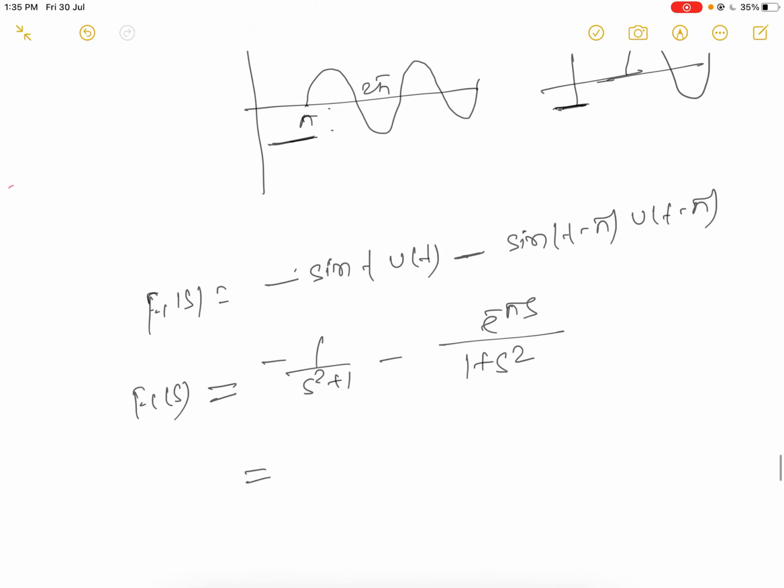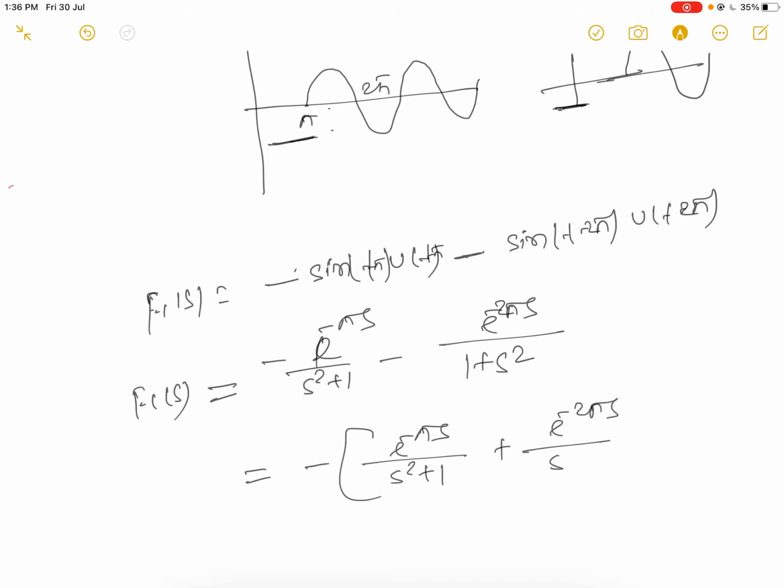So here will be t minus pi and u(t minus pi), here 2 pi and 2 pi, then e to the minus pi s, here 2 pi s. So take the negative sign and you will get e to the minus pi s upon s square plus 1 plus e to the minus 2 pi s upon s square plus 1.